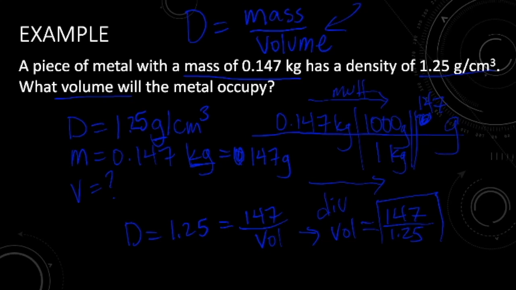You should get 117.6. Our units in this case are centimeters cubed. However, we need to make sure we have the correct number of significant figures. Our question only gives us 3, so we should have 3 here. This is going to round up to 118 centimeters cubed.